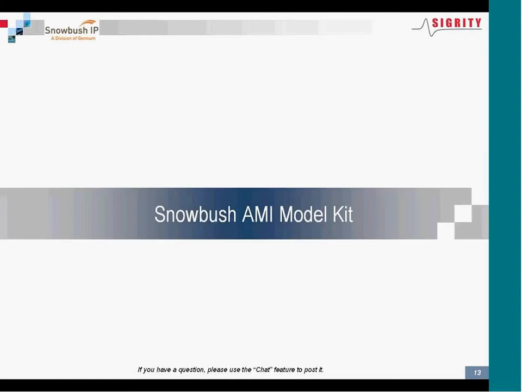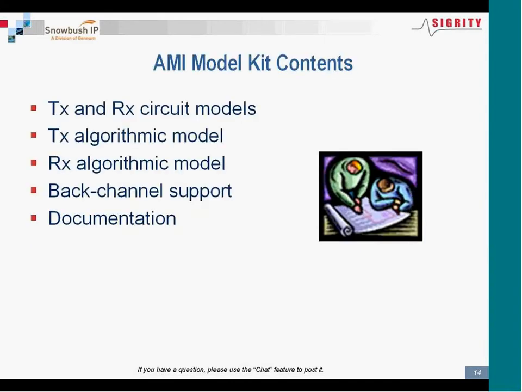Okay, now Marcus will walk us through a quick overview on the Snowbush AMI model kit. Thanks, Ken. So the Snowbush AMI model kit contains all the pieces you'd expect to see in a complete IBIS delivery. Basically, we have the traditional RX and TX circuit models, the traditional IBIS files that you've been seeing for years.